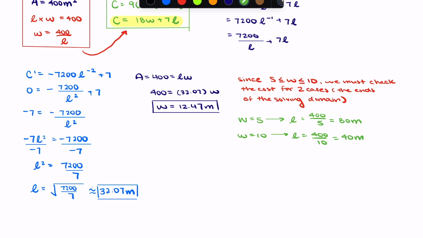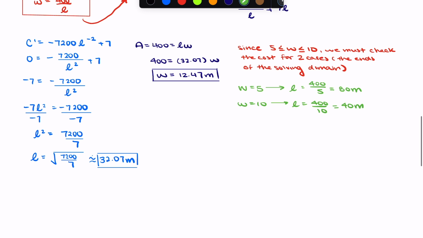So here we're going to calculate again. When the width is equal to 5 and the length is equal to 80, let's calculate for the cost.